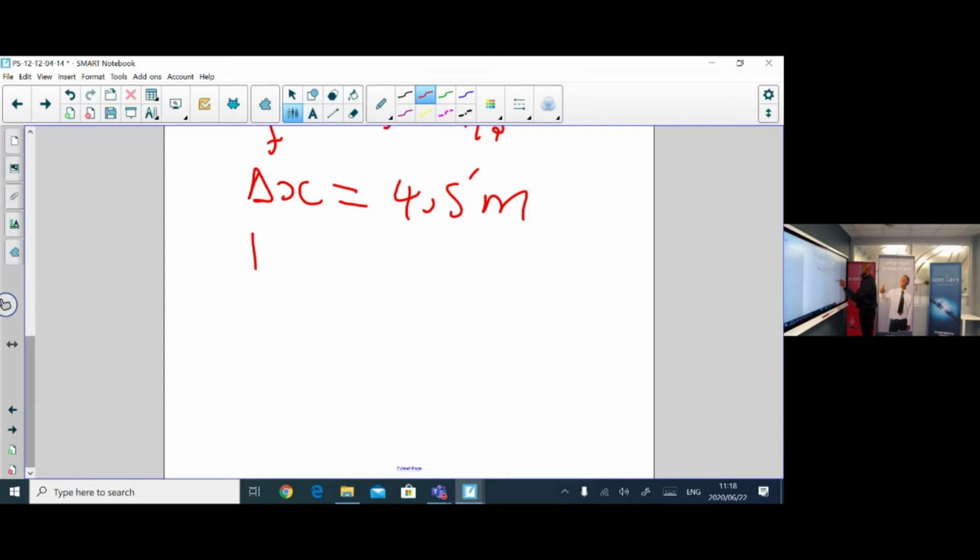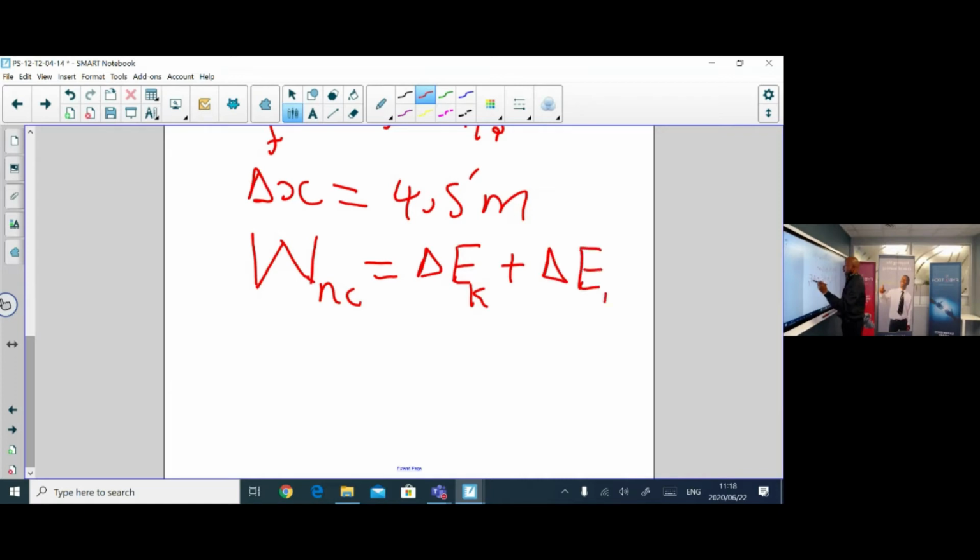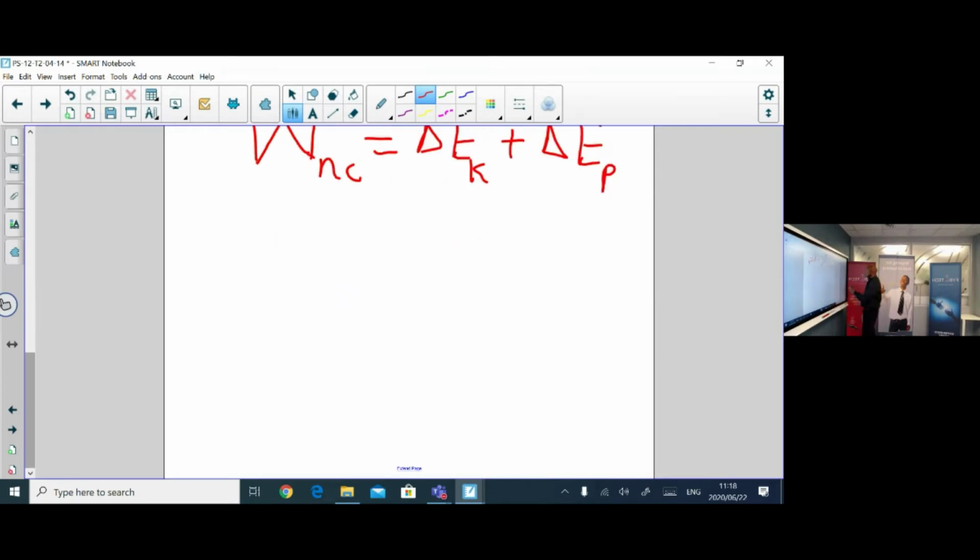We have capital W sub NC, which is equal to the change in kinetic energy plus the change in potential energy. In other words, that is a change of total mechanical energy of the system.